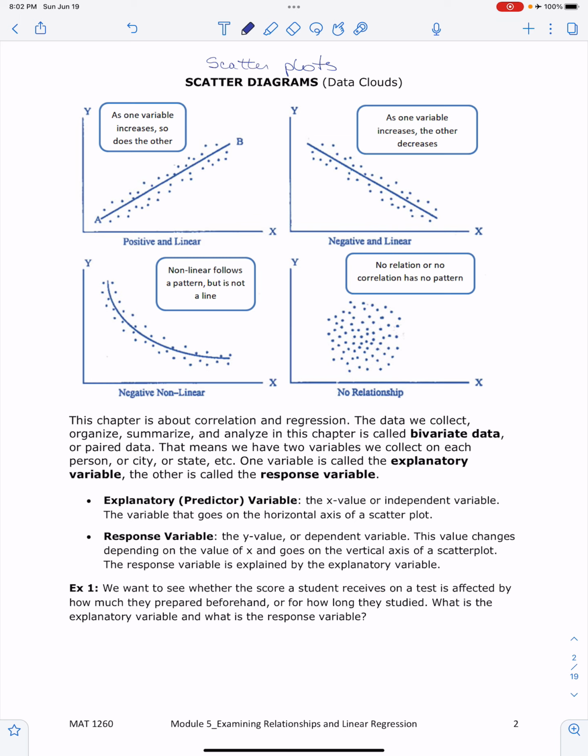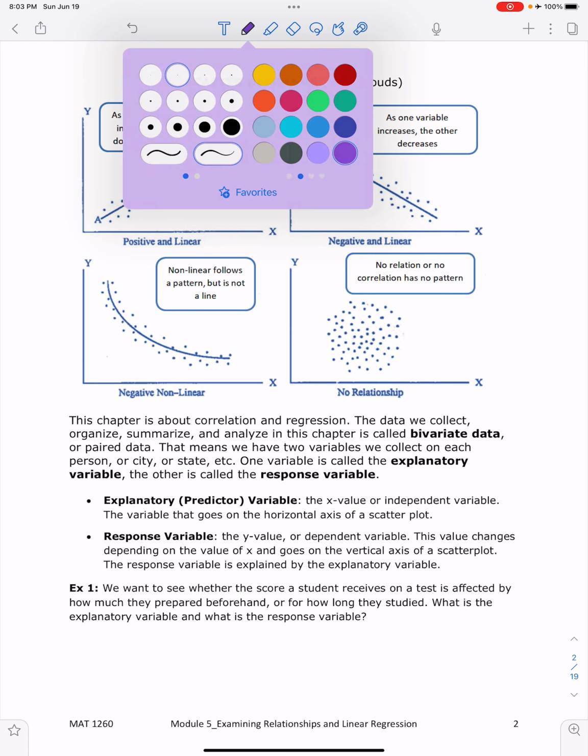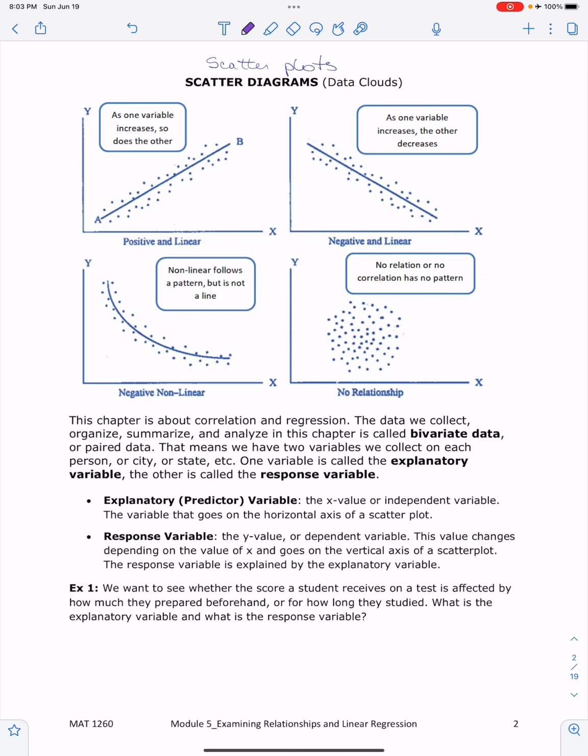Okay, so we've got situations here. Notice that our first graph, top left, kind of looks like our graph up top. As our explanatory variable increases, our response variable also increases. And so our explanatory always goes down here on the x-axis, our response up here on the y-axis.